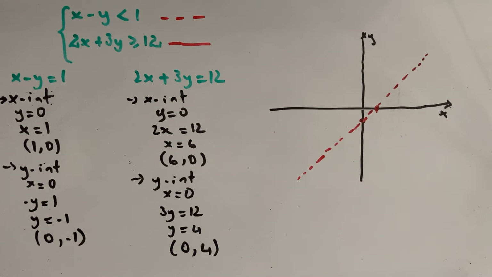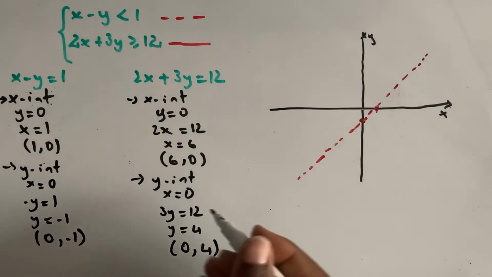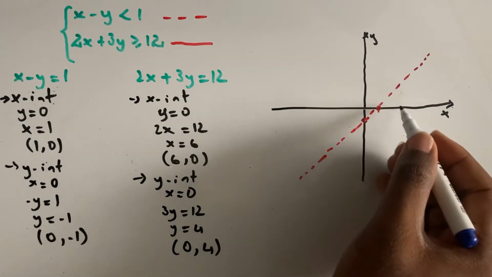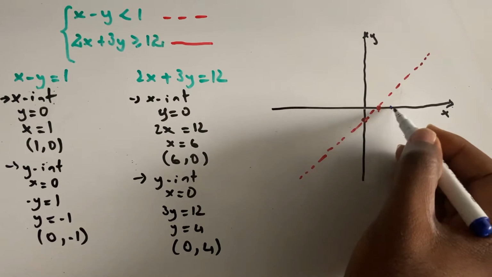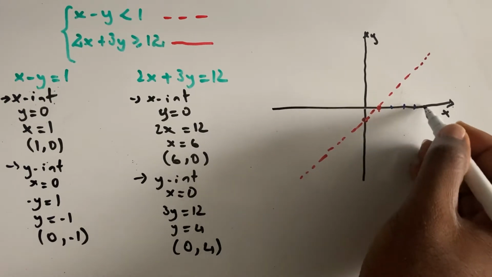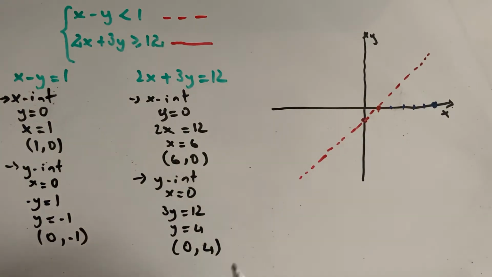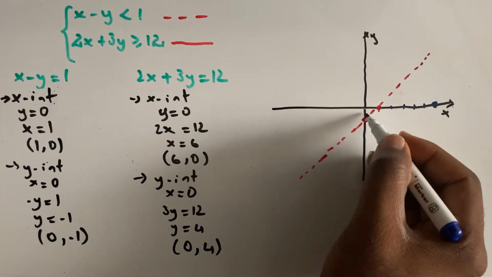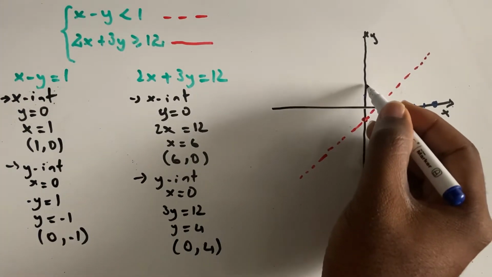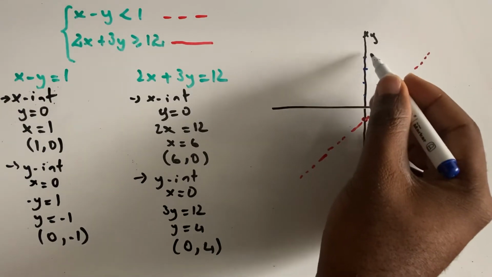Now we can just plot them. Remember, it's a solid line. So 6, 0 will be, this is 2, 3, 4, 5, I'll put 6, 0 right here. And 0, 4, 1, 2, 3, 4.